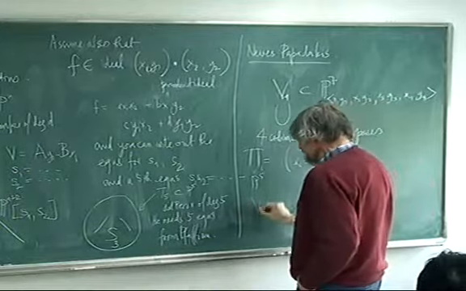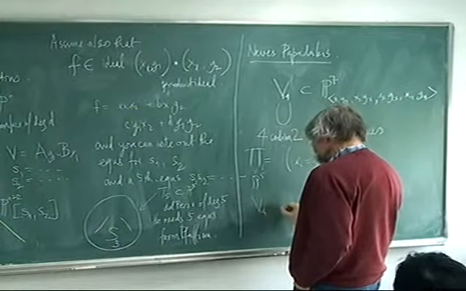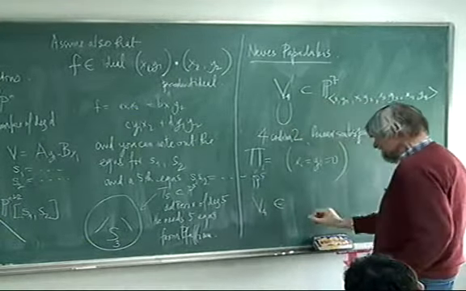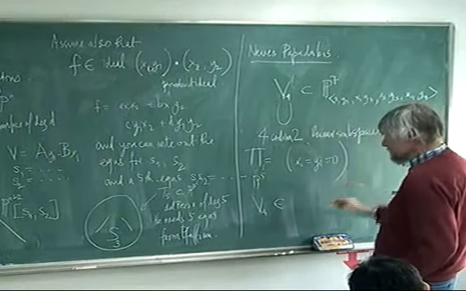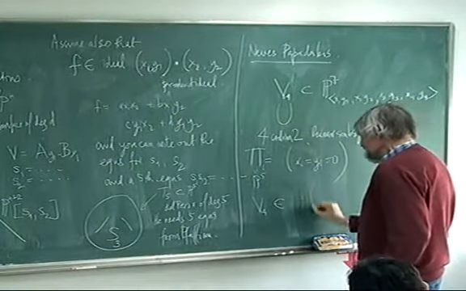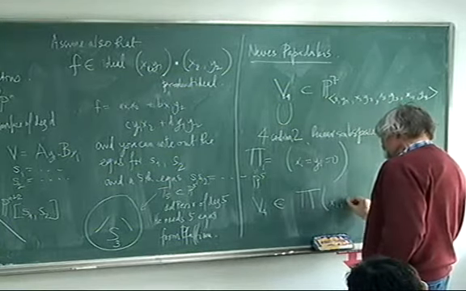So let's take V4 to be a general element. This is just a general linear combination of 16 monomials in the product of xi, yi.